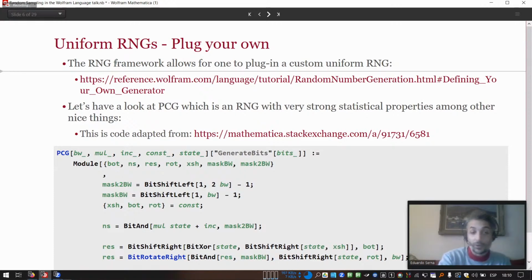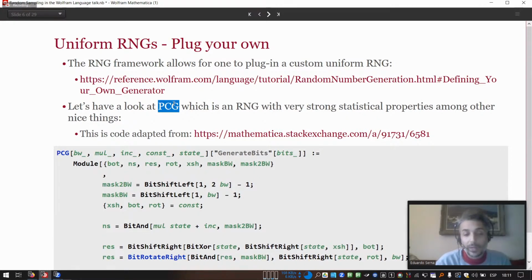I'm not going to go over all of the details. I just wanted to show an example of one generator you can plug in, which is PCG, the permuted congruential generator. It's a relatively recent algorithm. It has very strong statistical properties, and among other nice things like look ahead, it's very light and simple.